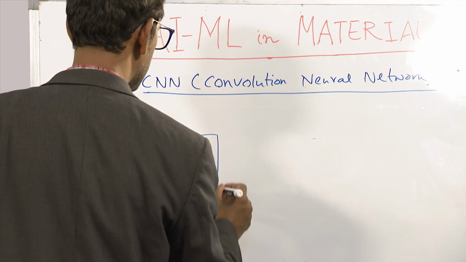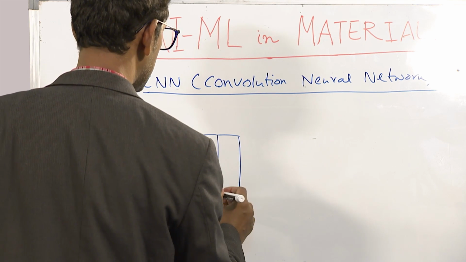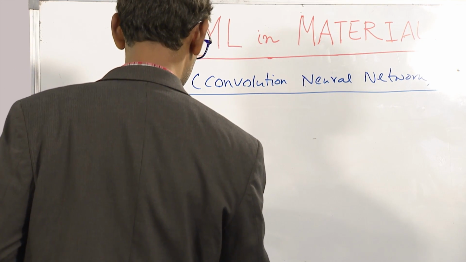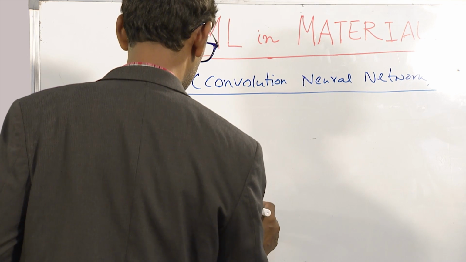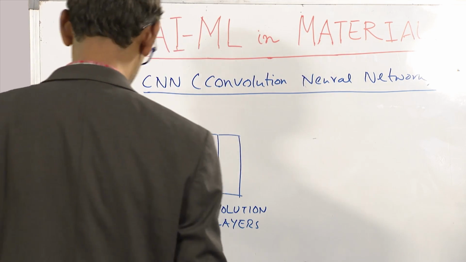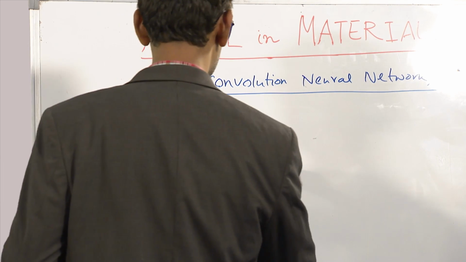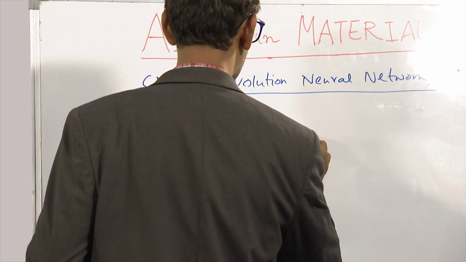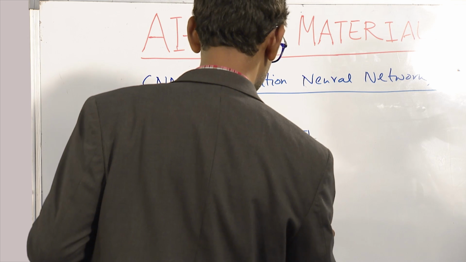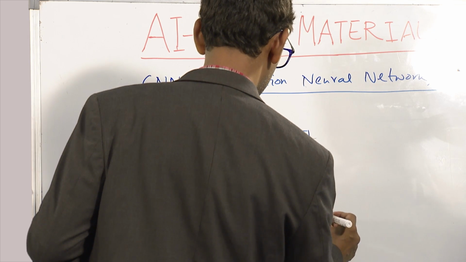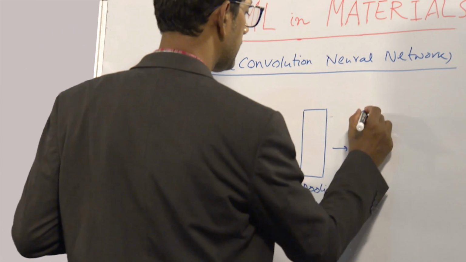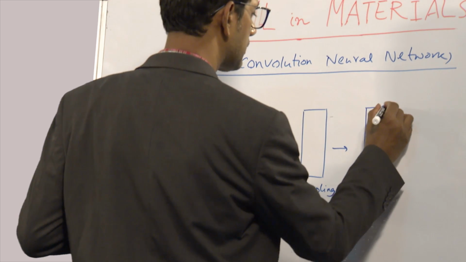After that processing, the way I showed you the numbers, you then put some convolution layers. These convolve the images. After that, you put another layer which is called the pooling layer. And then you have a dense layer which will reconstruct the images.